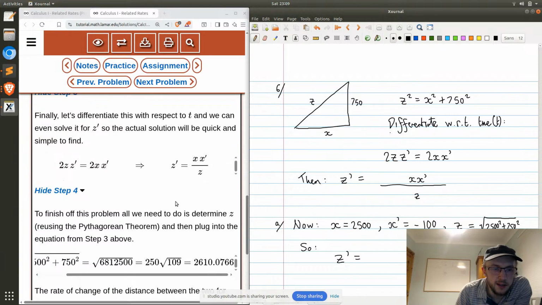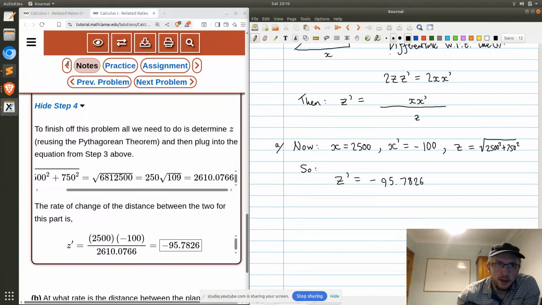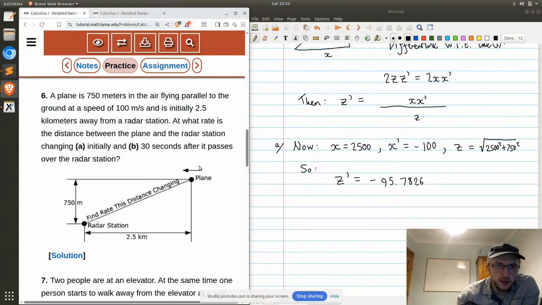Negative 95.78. Okay, so I'm very happy about that. I still do not know why I was wrong in the first place, not fully, but I think the best thing to do is now think about part B.